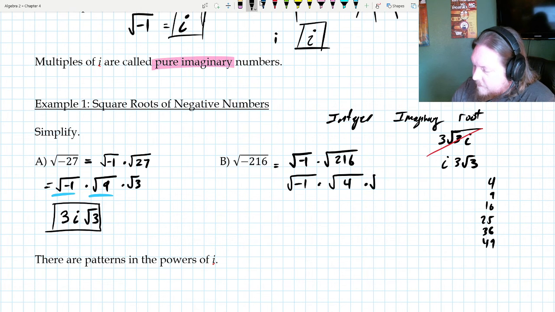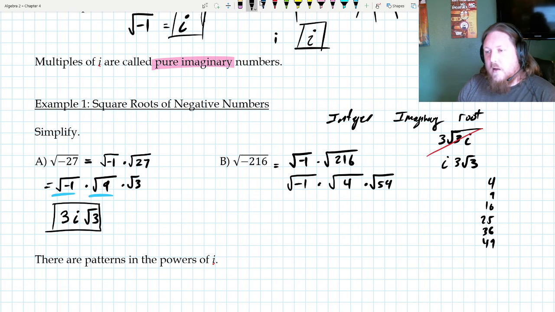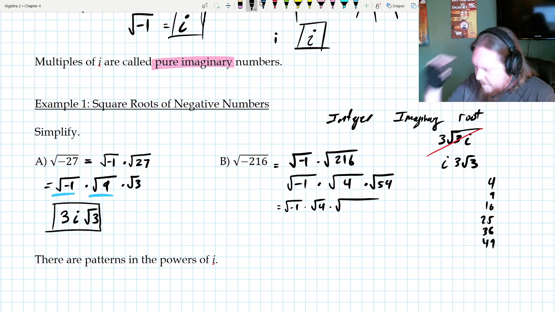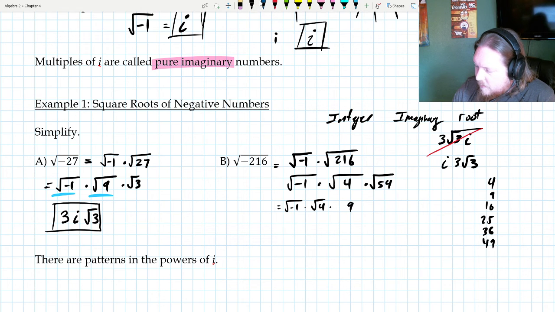4 times 216 divided by 4 is 54. Now let's think about the factors of 54. That is the same as 9 times 6, isn't it? 9 times square root of 6.